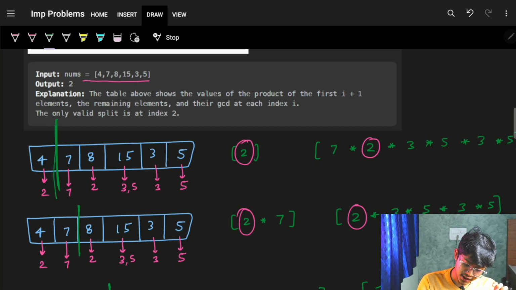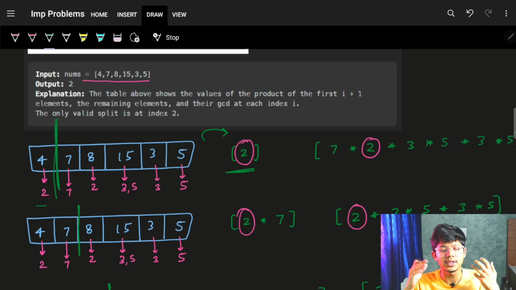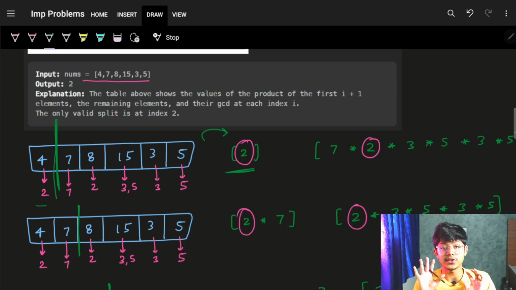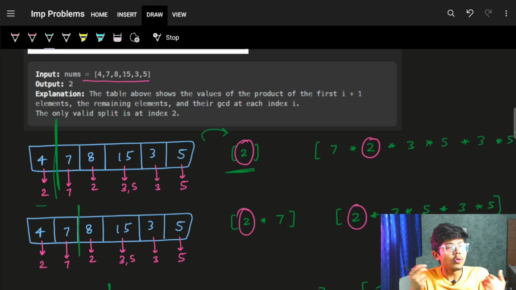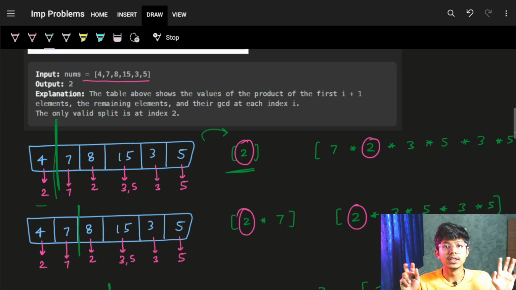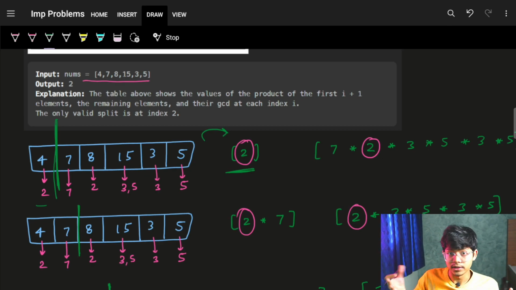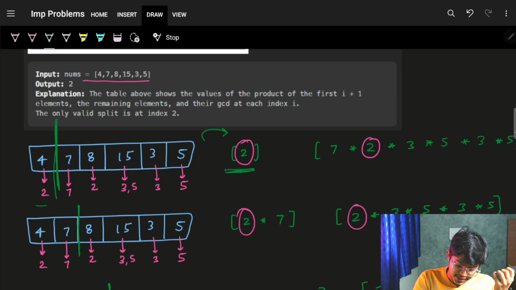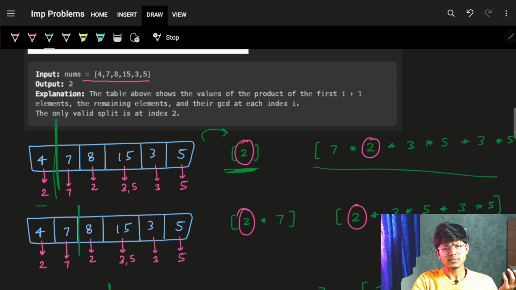When I break here, I just write the prime factors, because I'm not interested in the numbers anymore. Only the prime factors will help me find out if block 1 and block 2 are coprime or not. So I put my block 1 here and my block 2 here.